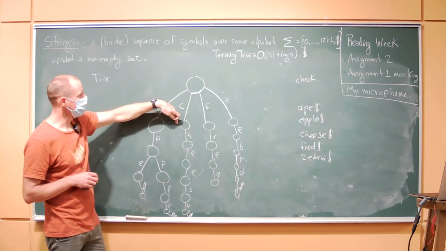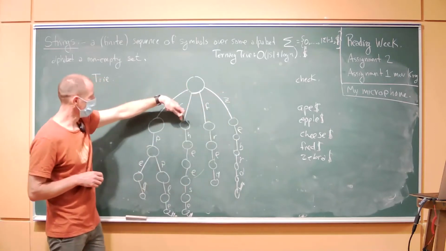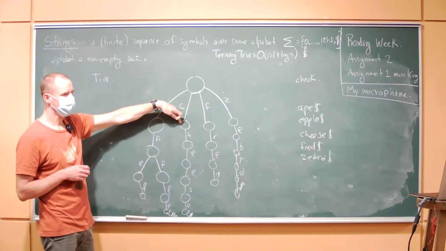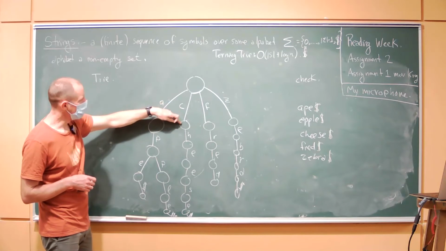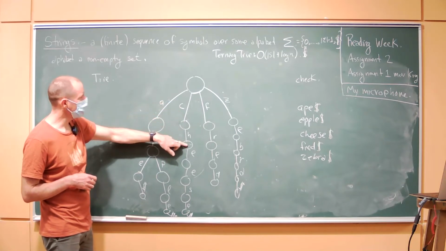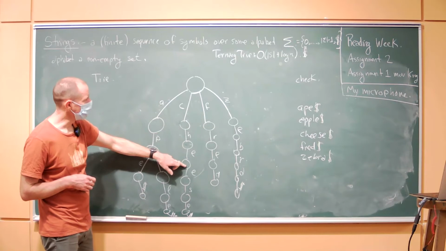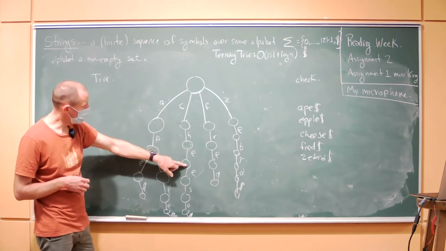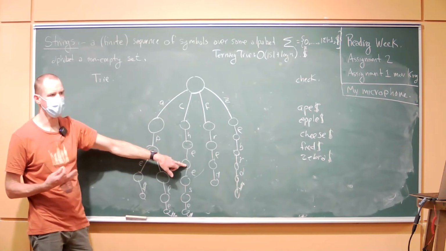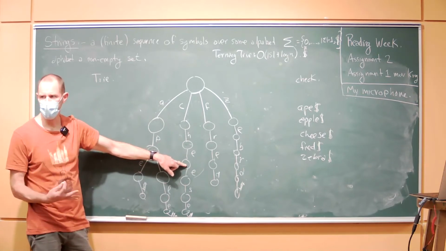So there are strings that start with that first character. Look in the subtree that contains all of the suffixes of those strings. There is then a match for H. There's also a match for E, but at this point, coming out of this node, there is no edge labeled with a C. So you conclude that it's not there.